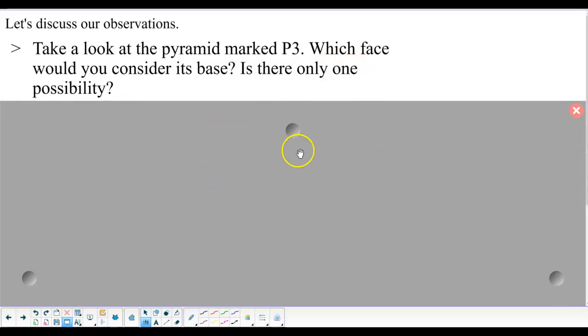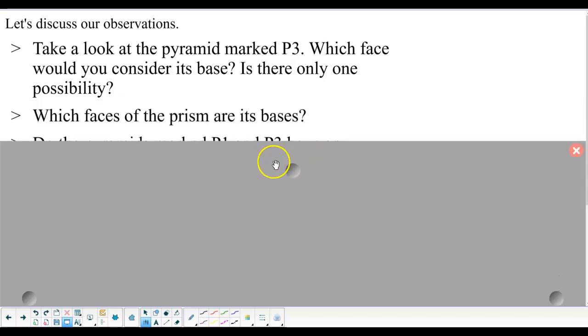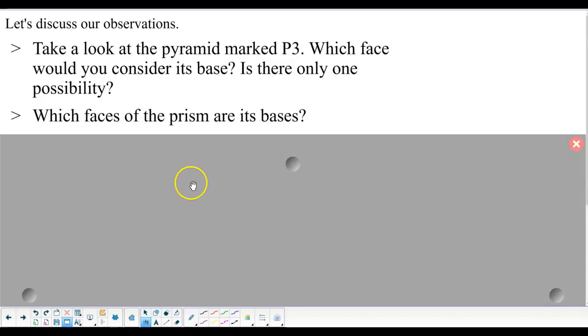And is there only one possibility? Okay, and then which faces of the prism are its bases? So think about the shape as a whole. Can you identify the bases of the big solid, the prism, when all 3 shapes are put together?